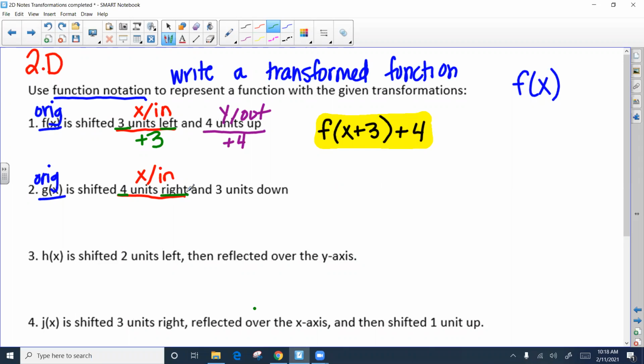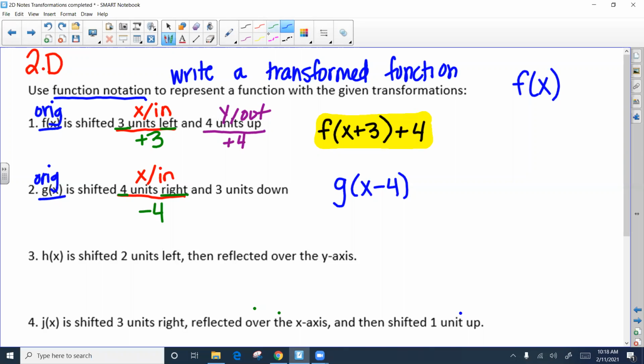So 4 units right is actually going to be a minus 4 with the x. Okay, so just that part of it, f of x minus 4 would be, whoops, not f of x. This one, we're supposed to use g of x. So g of x minus 4 would be the original function shifted to the right 4.